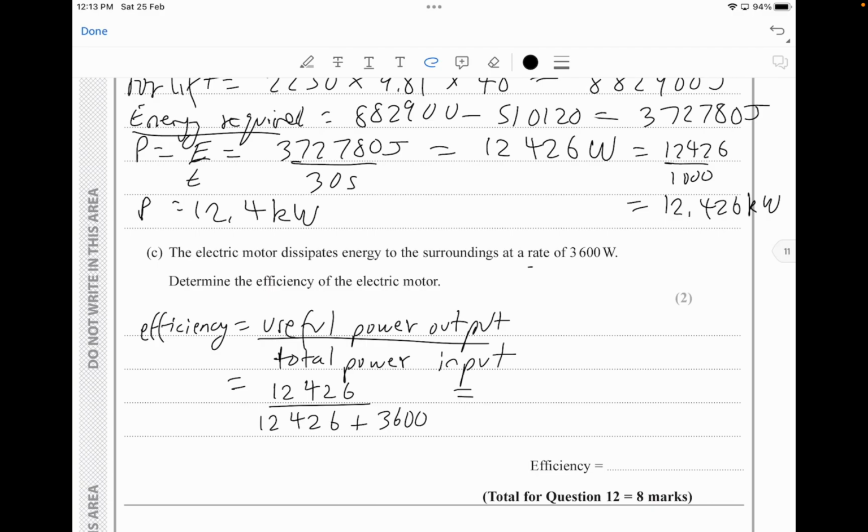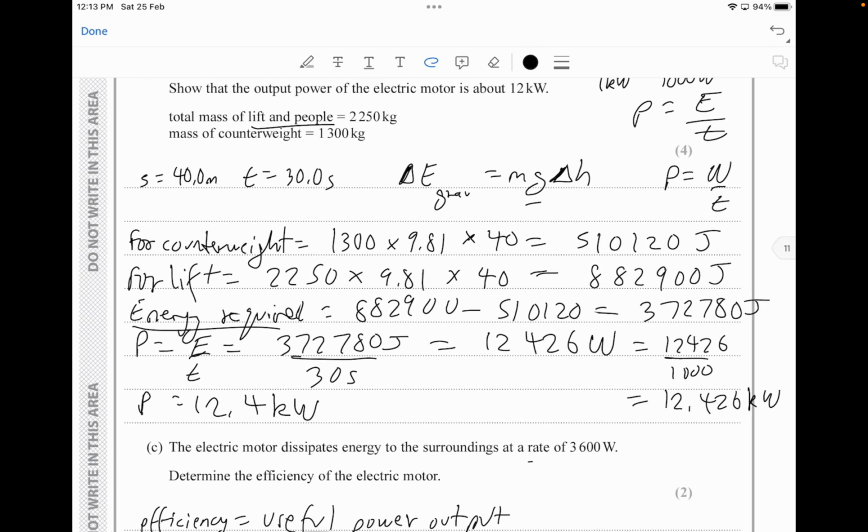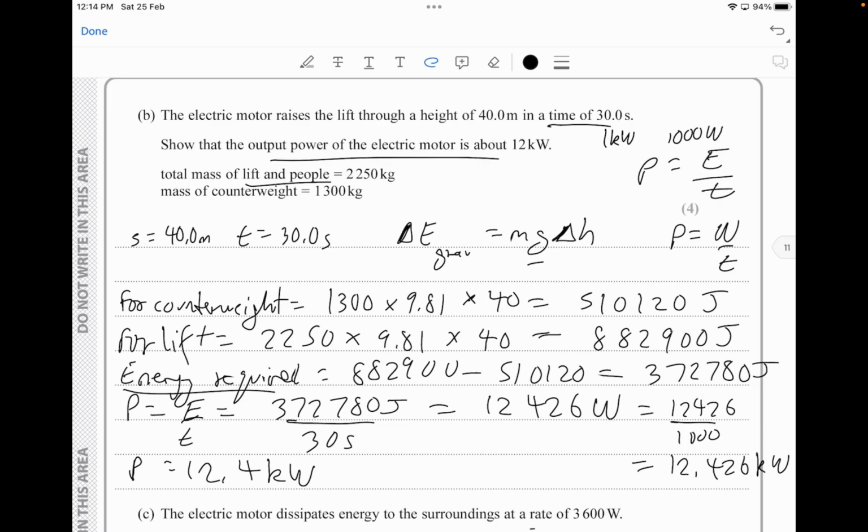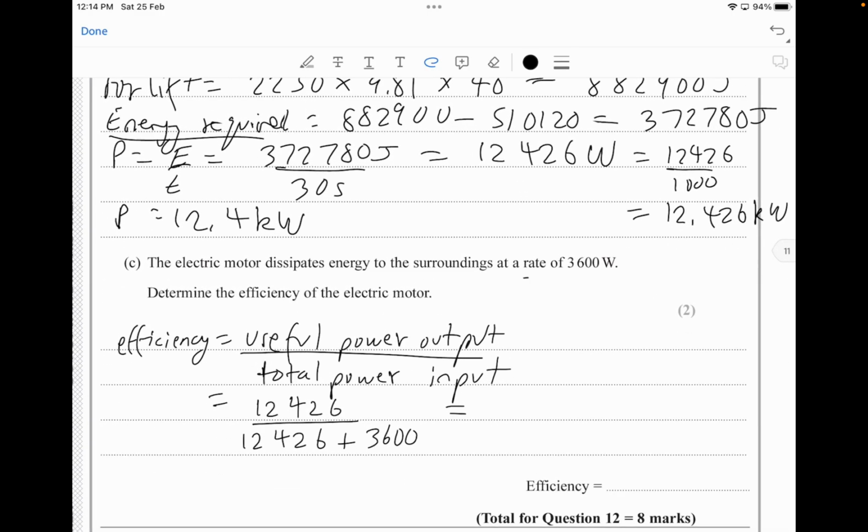Okay, so we're going to add them up. That's going to be the total power, since we know that the useful output power of the electric motor is about 12 kilowatts. So we have to add that with your 3,600 watts. That's going to give you an answer of about 0.775. This is going to be your efficiency.